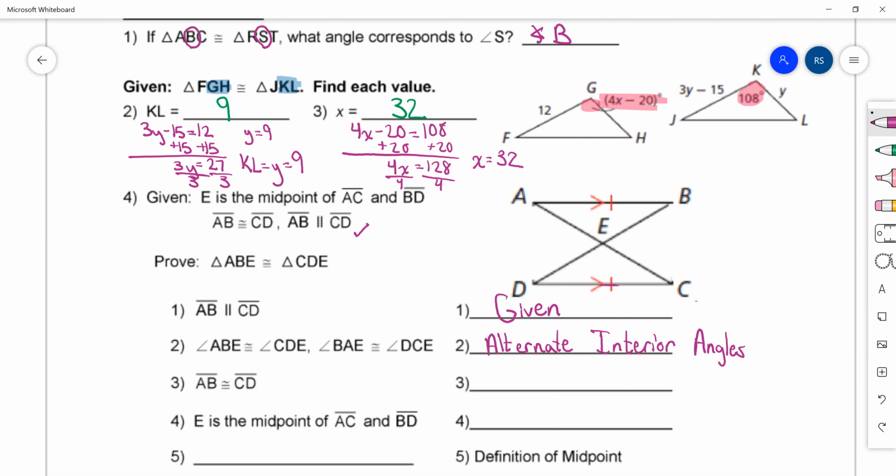Okay. Oh, I guess I should go back and mark what we learned. So we said D is congruent to B, that it's congruent to that.